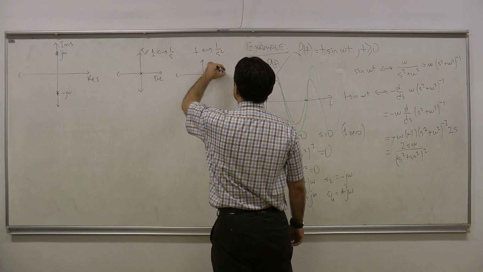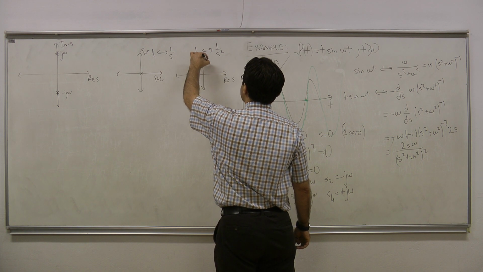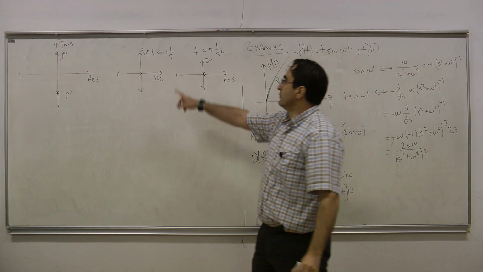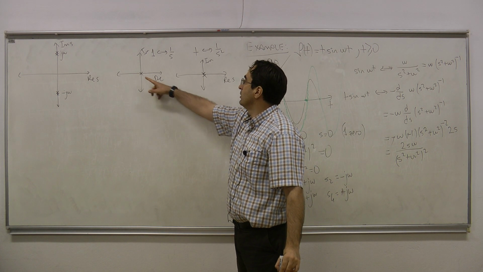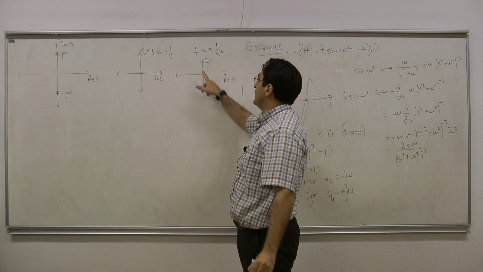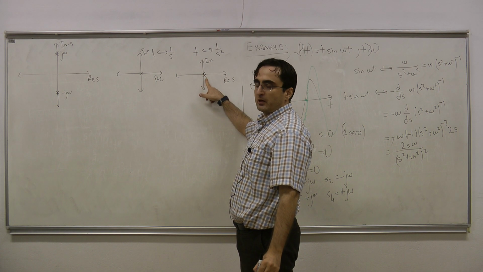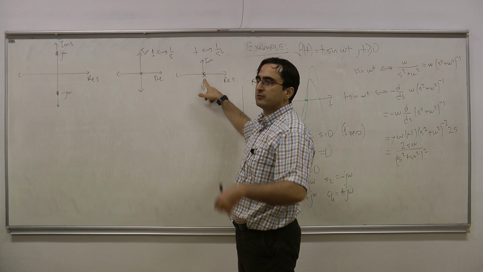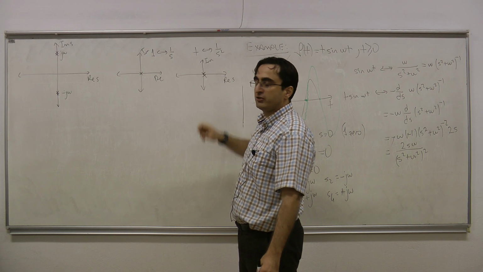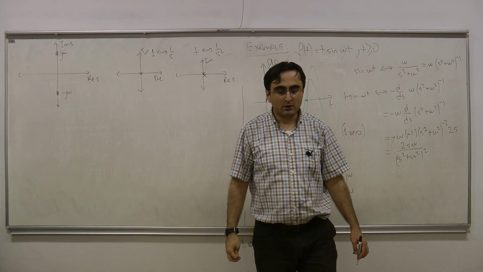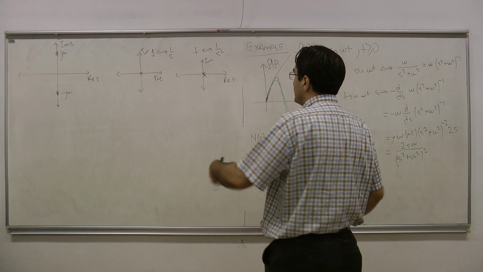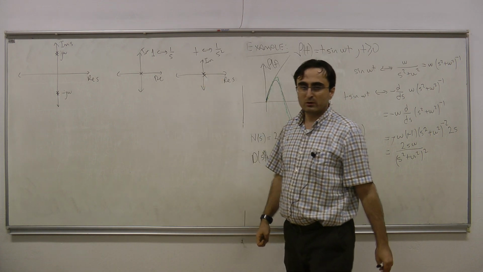What was the pole zero plot? There were 2 poles at the origin. With the unit step, I had a single pole, and with the unit ramp, with the t multiplication, I have double poles at the same position. What about one more t multiplication? Then I would have triple poles at the same position. Okay? So each t multiplication is going to bring a repetition of the same pole.